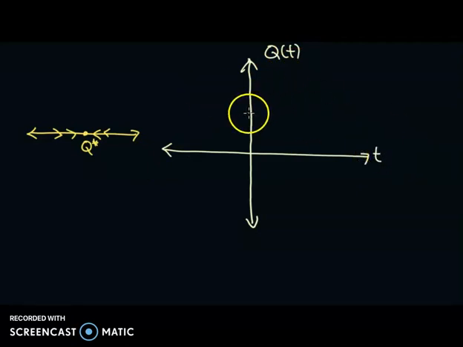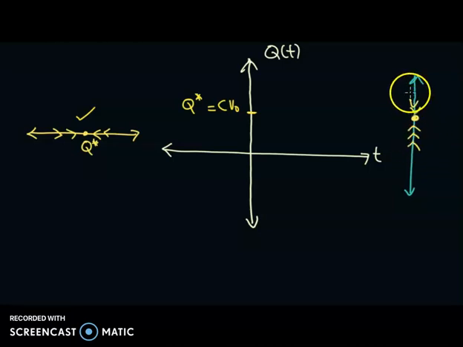Let's suppose this is my point CV naught, which is my q star stable point. Now I can take this line and keep it over here like this. This point is the equilibrium point approached from both sides.